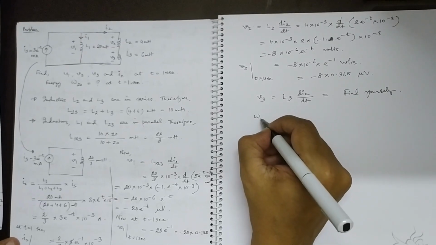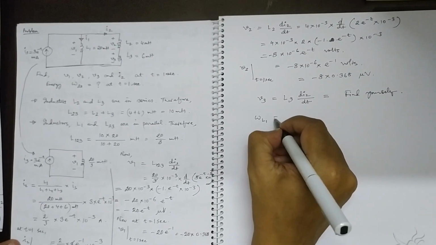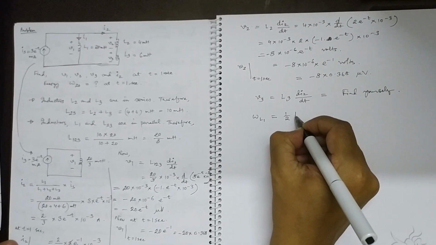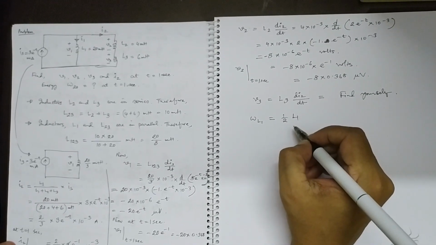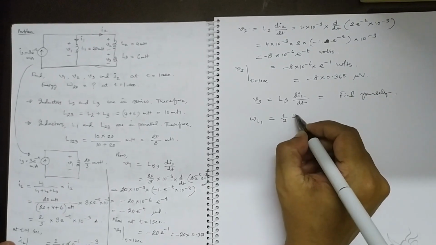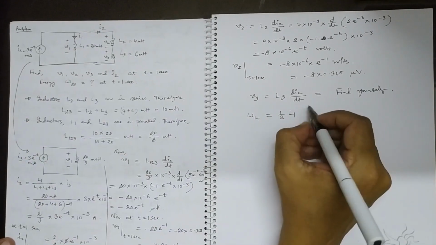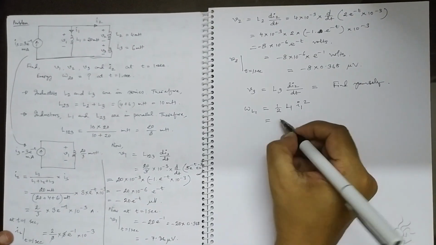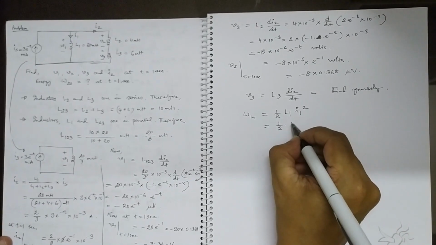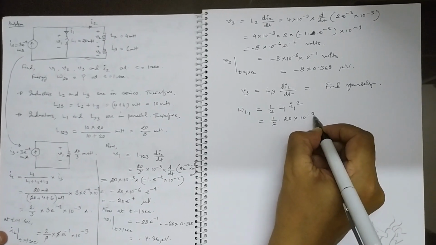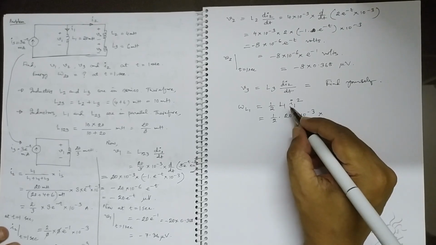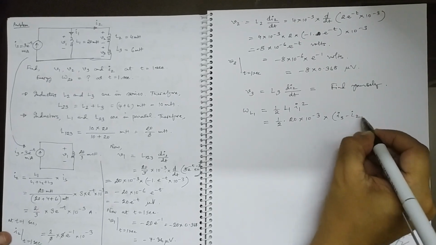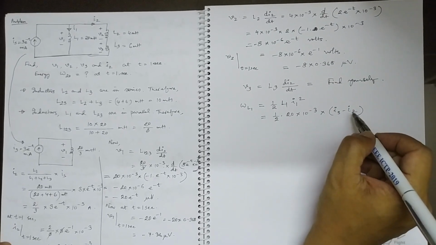That means WL1, which we can write as half L1 I1 square, where L1 is equal to 20 into 10 to the power minus 3, and I1 must be written as Is minus I2, since we know both Is and I2.